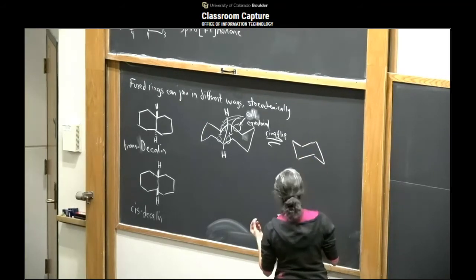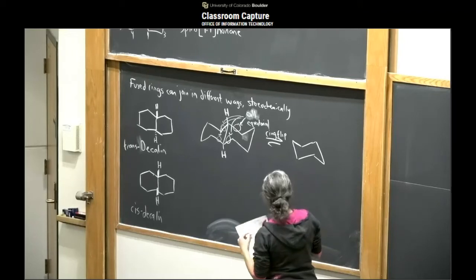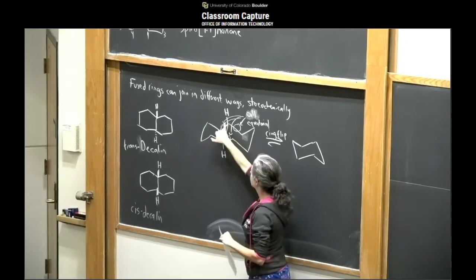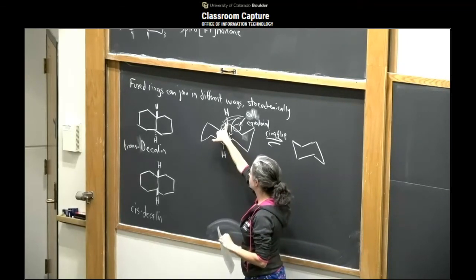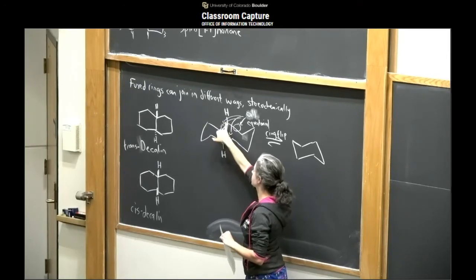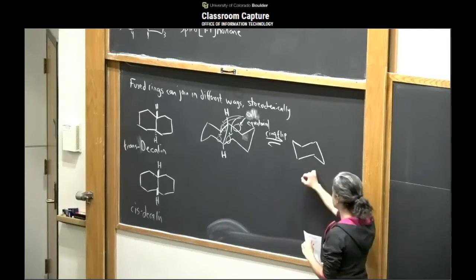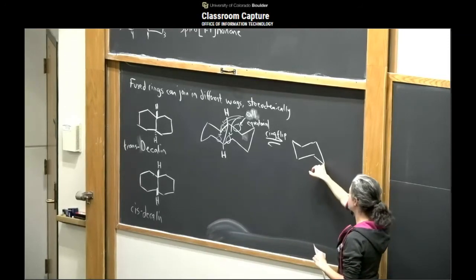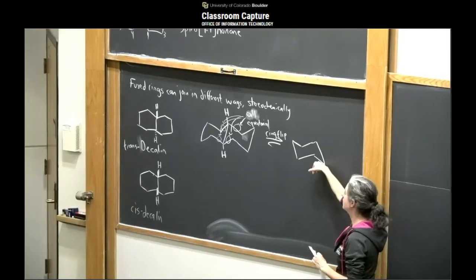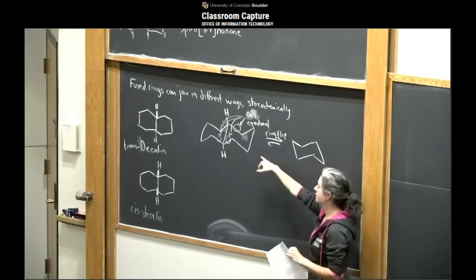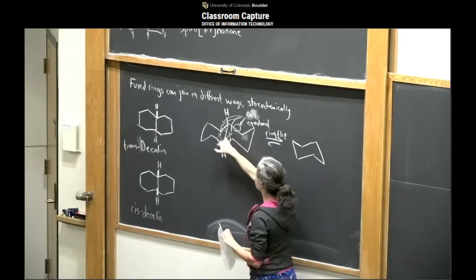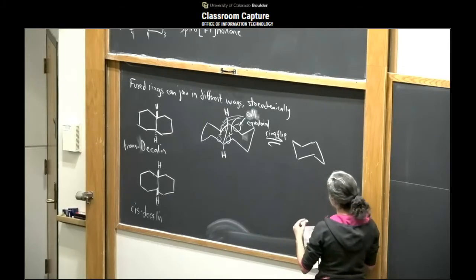Which means that now my H over here was coming off of the rightmost carbon, which is pointing up. After a ring flip, it would have to be a down pointing carbon, so I'm going to leave it as the rightmost carbon. So like always, our ring flip converts up pointing ring carbons to down pointing ring carbons.